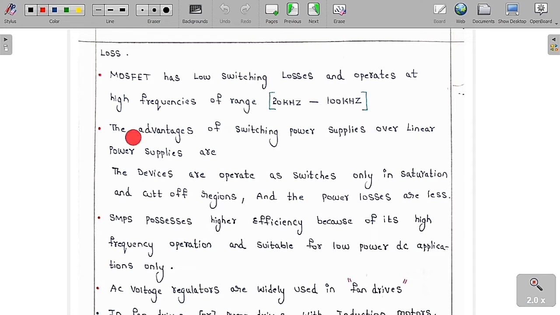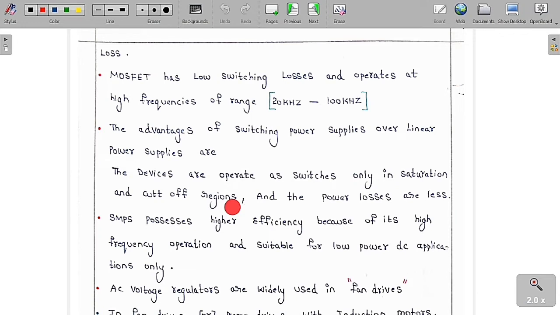The advantages of switching power supplies over linear power supplies are that the devices operate as switches only in the saturation and cutoff regions.